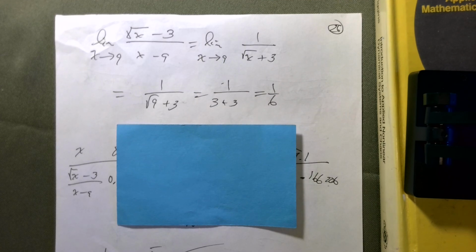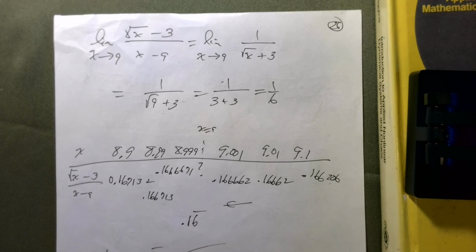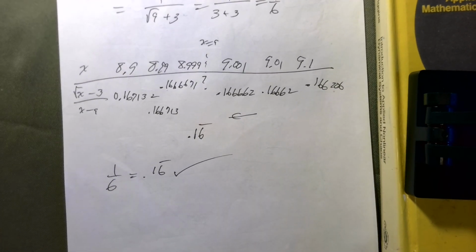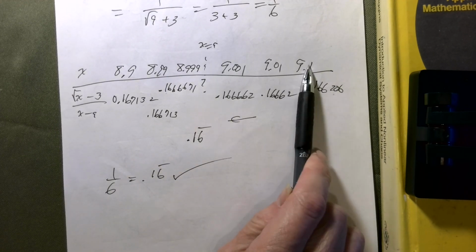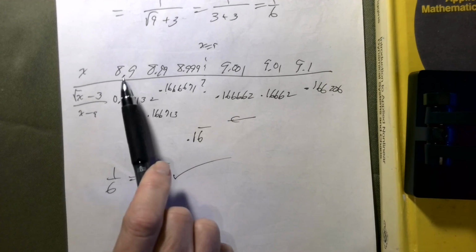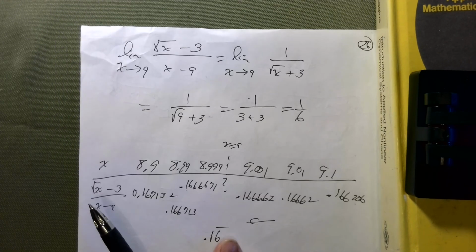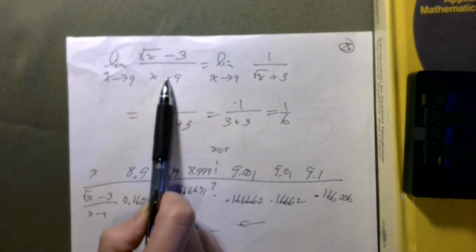Well, this is actually not a guess. This is correct. And we could verify this by doing the following. Go back to your tabular method. And the troublemaker was where? At x equals 9. So I'm going to approach 9 from the right and from the left. And so you just put those numbers into here and do the arithmetic.